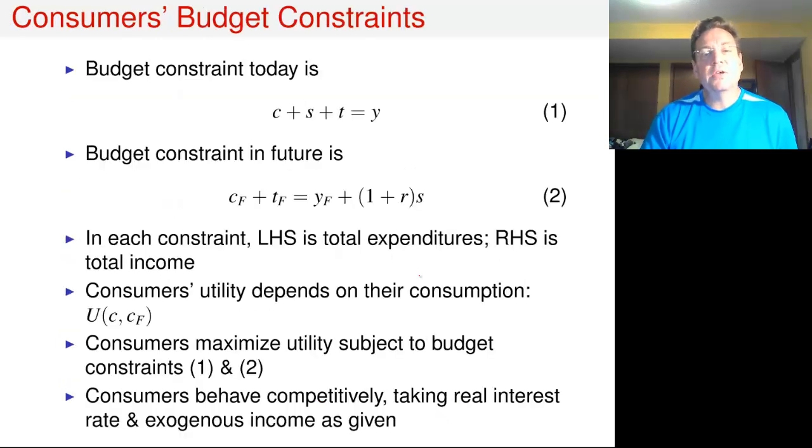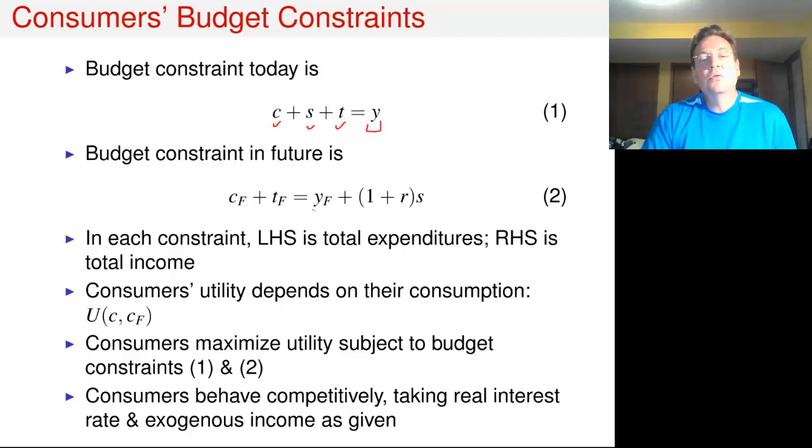Now the household faces two different budget constraints. You have a budget constraint that pertains to today, and you have a budget constraint that pertains in the future. So today, the consumer receives Y units of income, so that's in units of goods today. And out of that, they consume, they save, and they pay taxes.